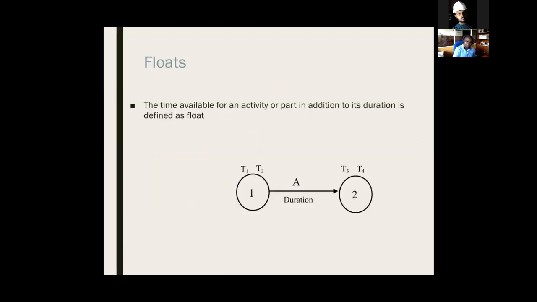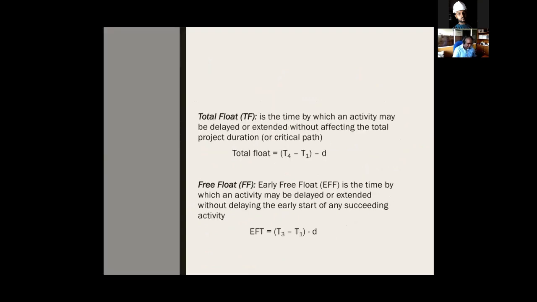Okay, that's what we wanted to discuss. Floats, there are different types of floats. Total float, let's say for an activity, let's say this is an activity, you get duration, and you get these values.